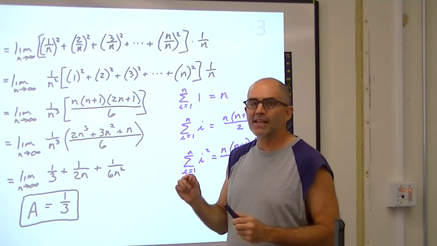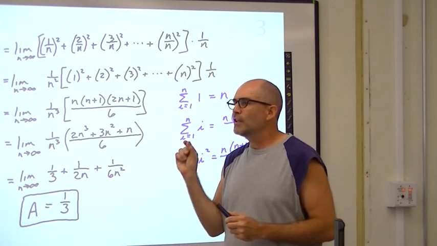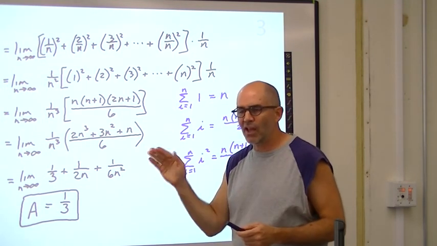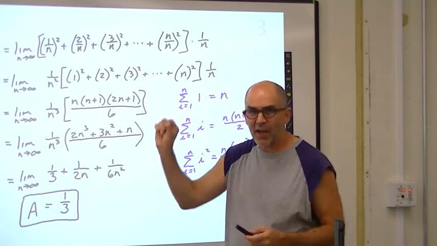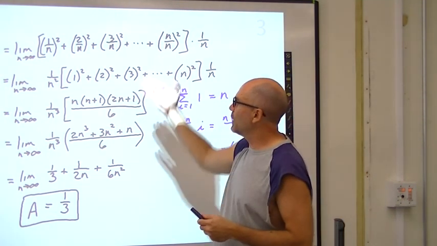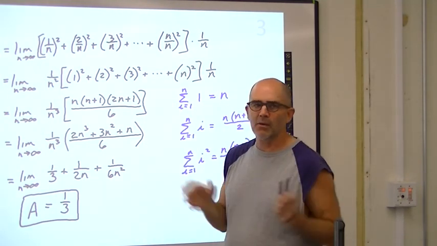So that means each rectangle will be infinitesimally thin. So that means whether it's the right side, the left side, or the middle of this infinitesimally thin rectangle, it doesn't even matter. So when we're doing infinitely many, right, left, middle, whatever, is completely irrelevant.